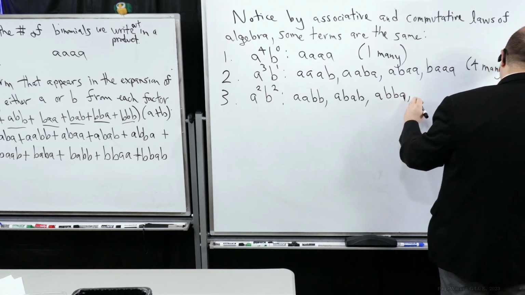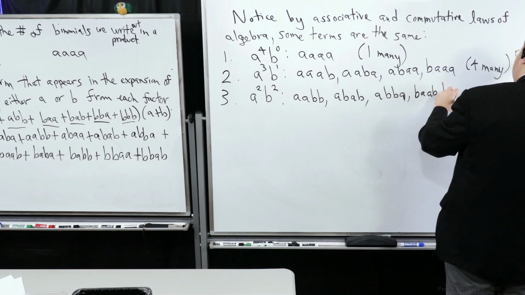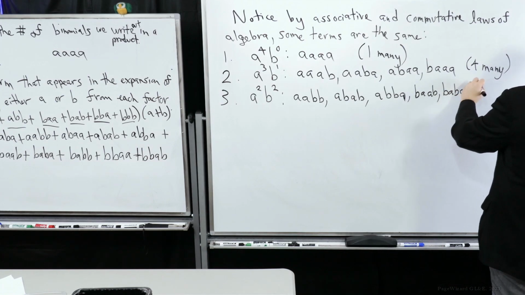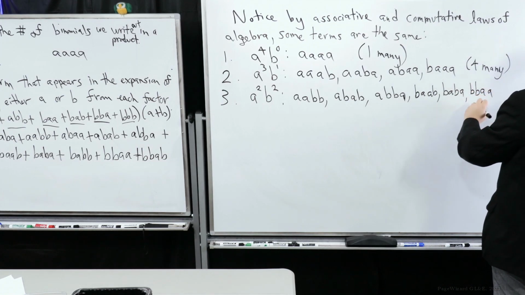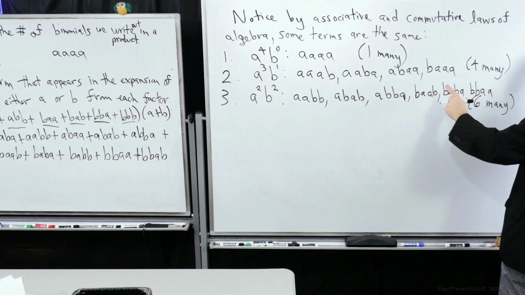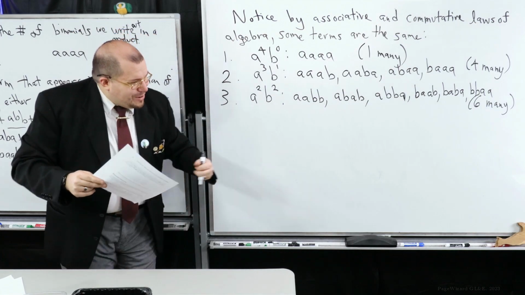We'll have AABB, ABAB, ABBA, then BAAB, then BABA, and BBAA. So that has 6, right? There's 6 there. 1, 2, 3, 4, 5, 6. There's 6 of them.